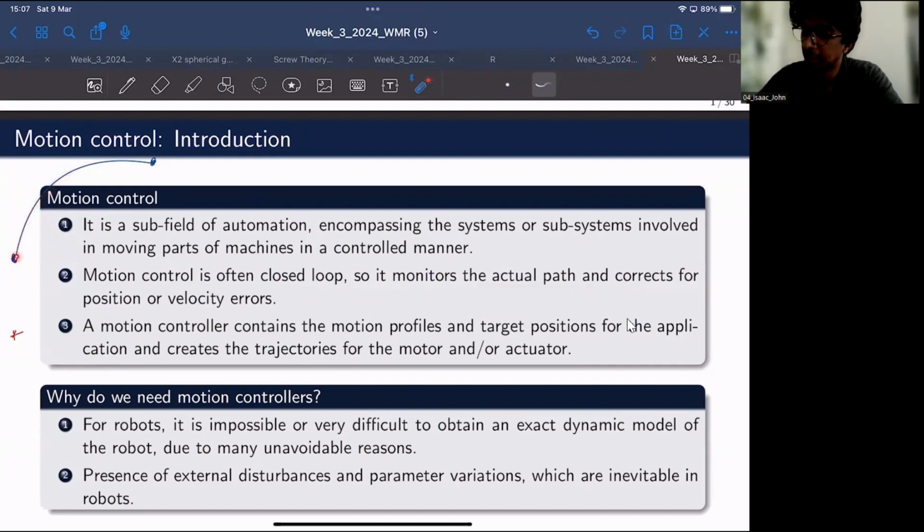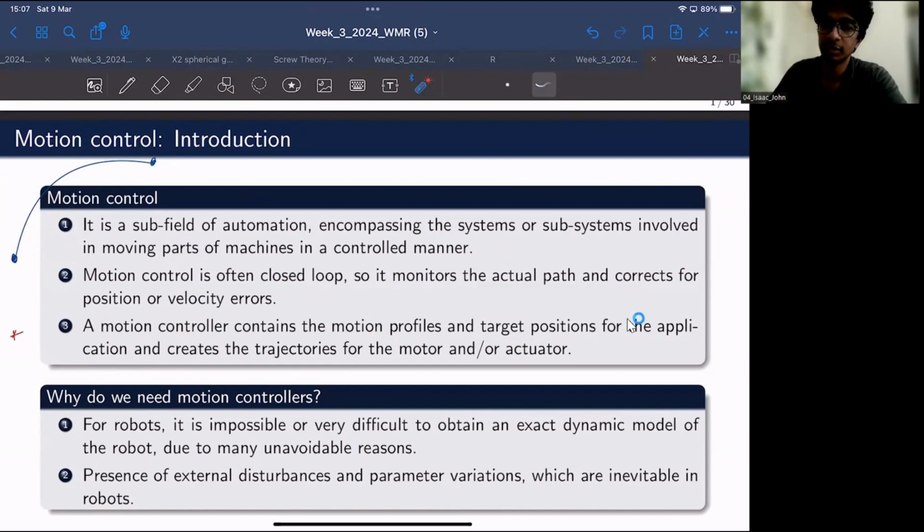If you begin from a start time and an end time, you can discretize this entire trajectory into very small time steps, and how a robot should move would be defined by the instantaneous angular position, velocities, and accelerations at each of these time steps. That is what motion control does.